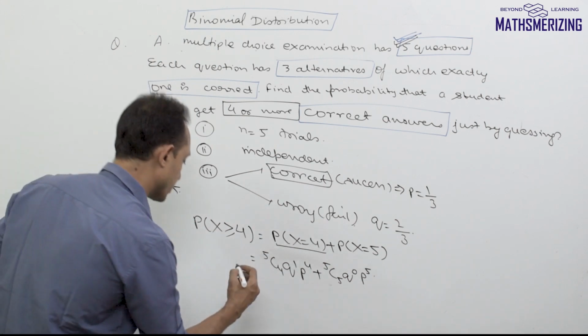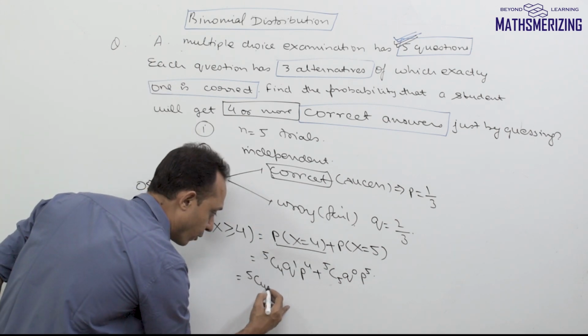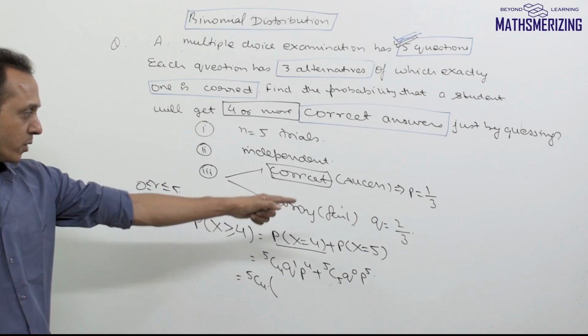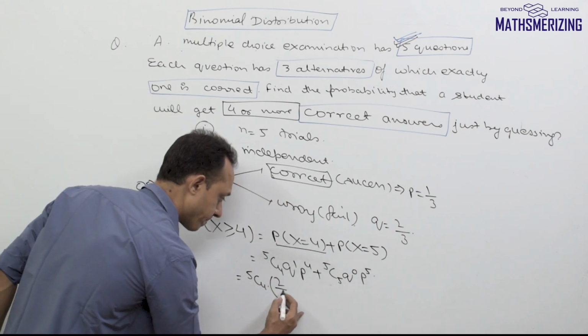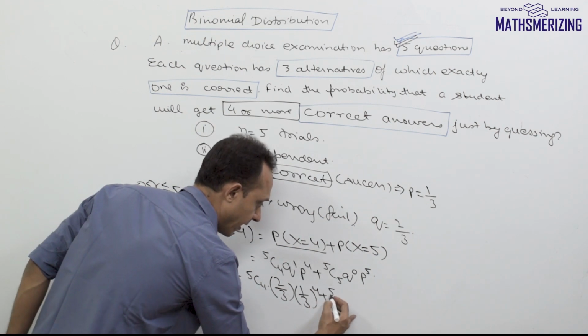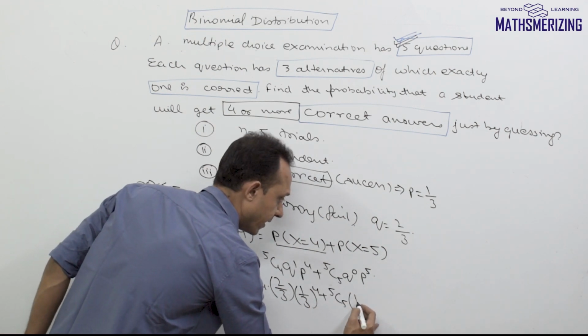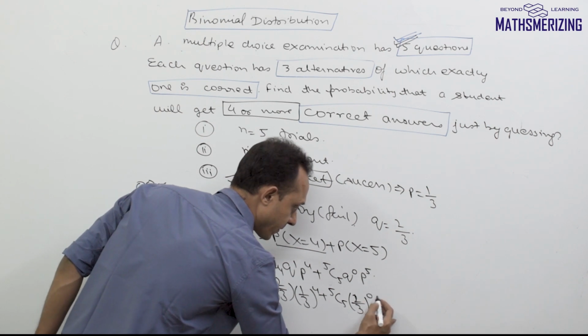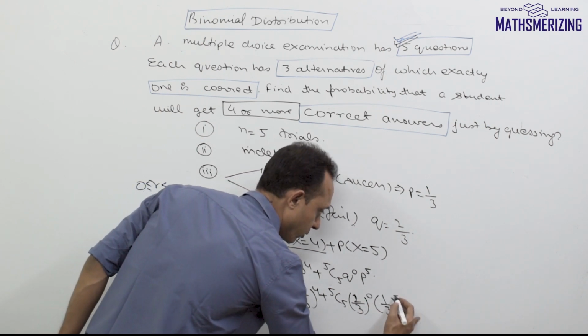So now I'll put the value. So I'll write it as 5c4, and what's q? Q in this case is 2 by 3, and p is 1 by 3 to the power 4, and then it'll be 5c5, it is 2 by 3 to the power 0, and then 1 by 3 to the power 5.